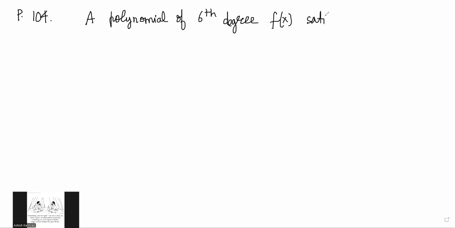Let's move on. This is problem 104. The question says a polynomial of sixth degree f of x satisfies f of x is equal to f of 4 minus x for all x belongs to real.